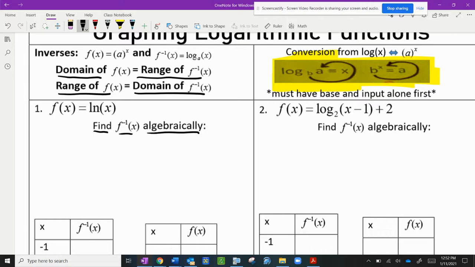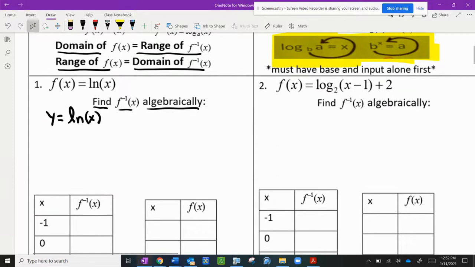So what I'm going to do is rewrite this as y is equal to the natural log of x. And with inverses on an equation, if I want to find the equation accurately, I'm going to switch my x's and y's because I know that's what happens on an inverse. My inputs and outputs flip-flop. Now I'm going to convert this into the inverse, which is the exponential.